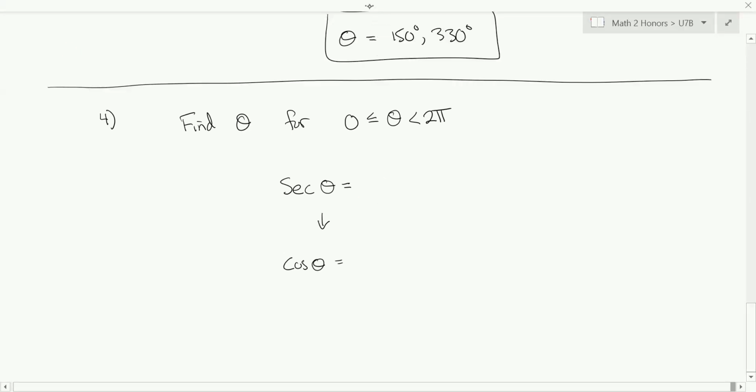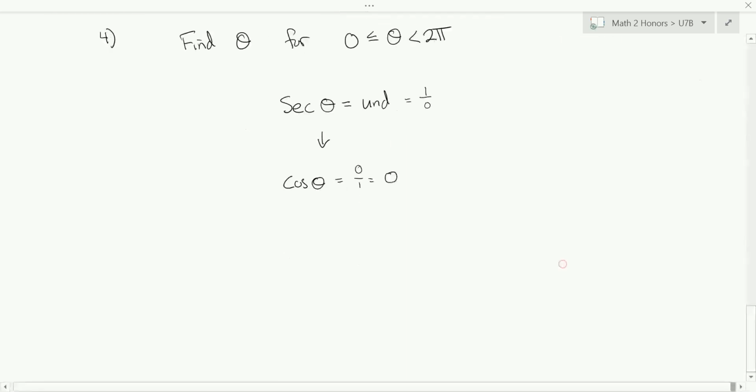Try secant is undefined, because I want 0 for cosine. So secant is undefined, which means that we divide by 0. Like if you think of a fraction, that'd be like 1 over 0. And so if we want the cosine, we flip that fraction over, and you'll have 0 over 1, which would be 0. And that's what I was intending here, okay? So cosine of theta is 0.